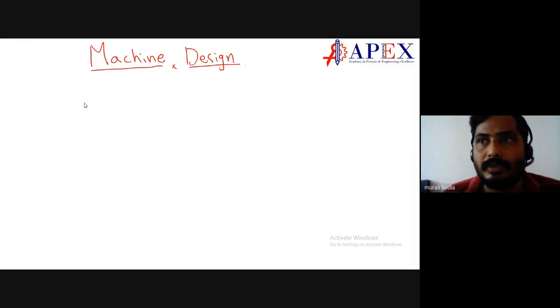Okay, so the major steps involved in a design process I will write here in a crude way. So these are the major engineering steps.